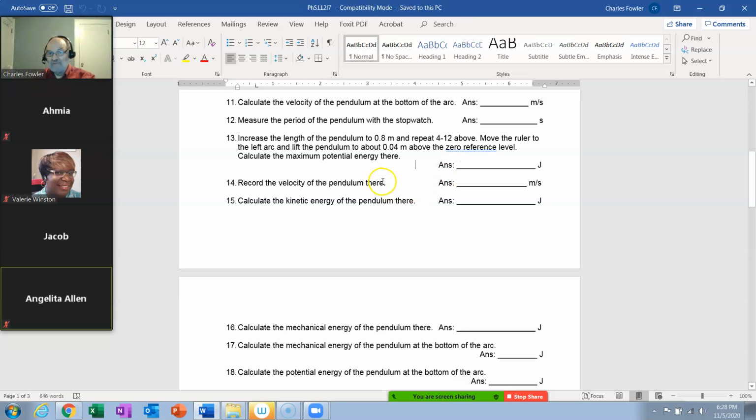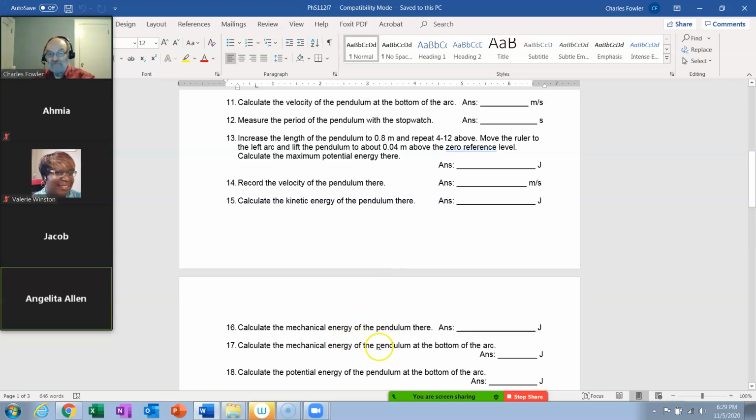What's velocity of the pendulum up at the top? What's velocity of the pendulum at the top? 0. What's kinetic energy at the top? 0. Okay. What would then be mechanical energy at the top? 0.392. Perfect.